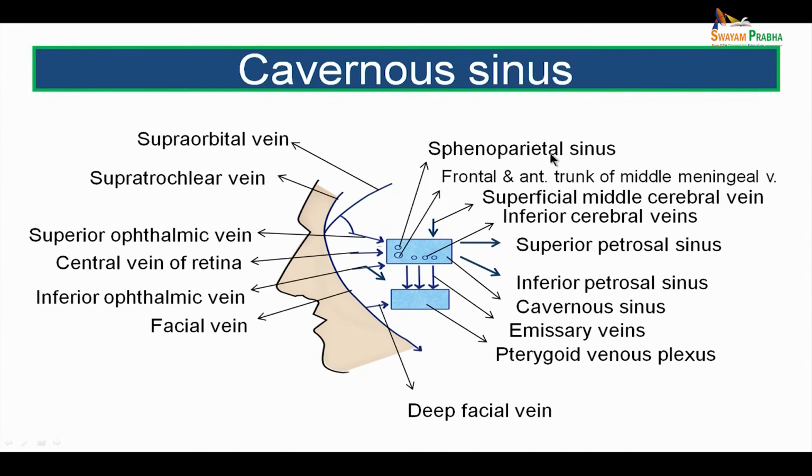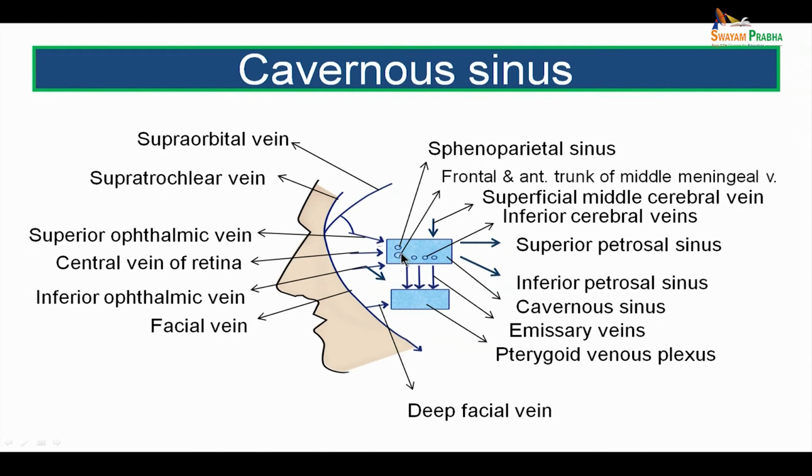From the brain tissue, it receives 2 tributaries, that is the superficial middle cerebral vein and the inferior cerebral veins. From the meninges, it receives via the sphenoparietal sinus and the frontal or anterior trunk of the middle meningeal vein.